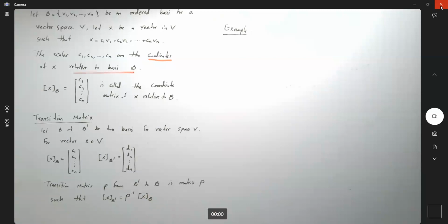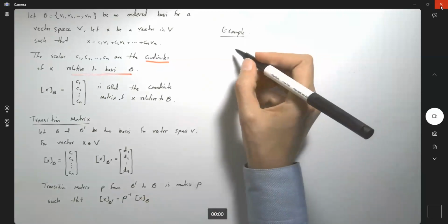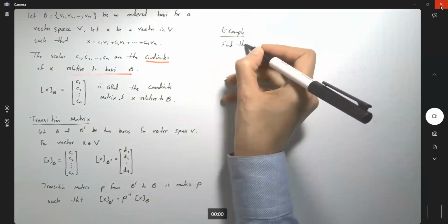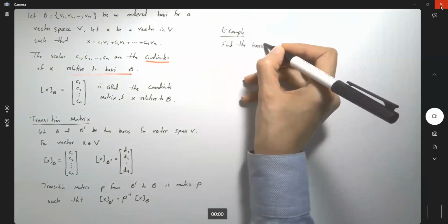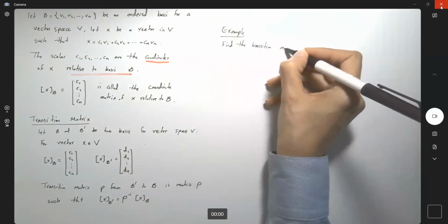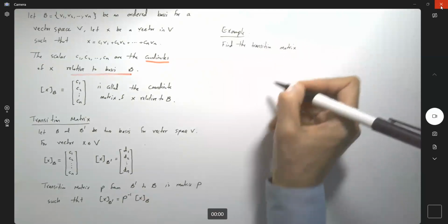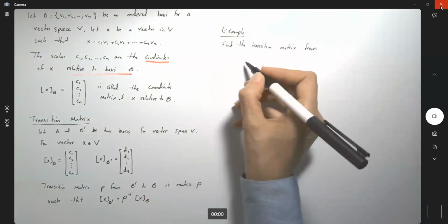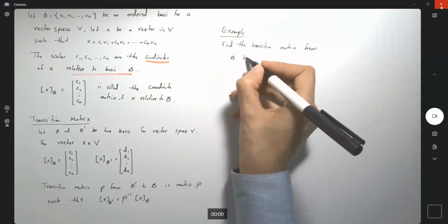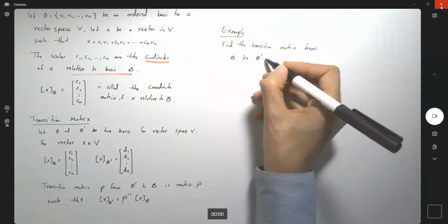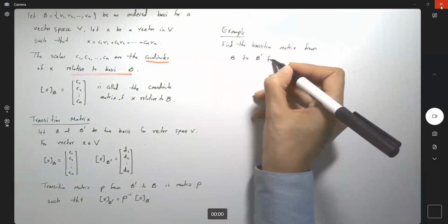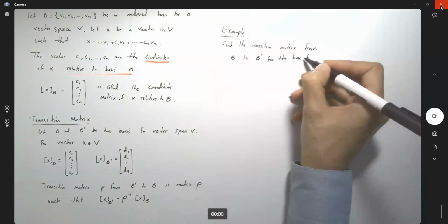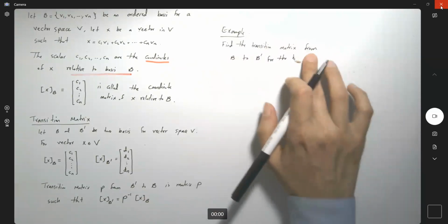So let me give you an example. In this example, the question says, find the transition matrix from basis B to basis B prime, where we're working with a plane.